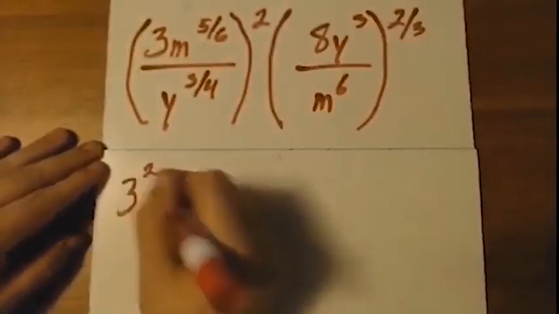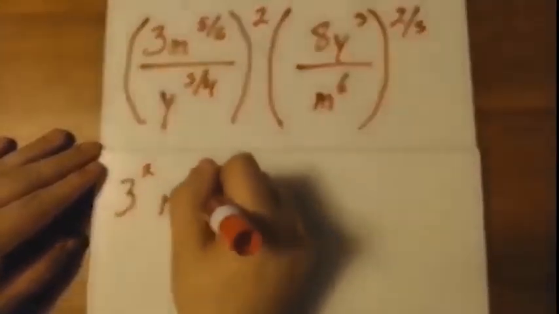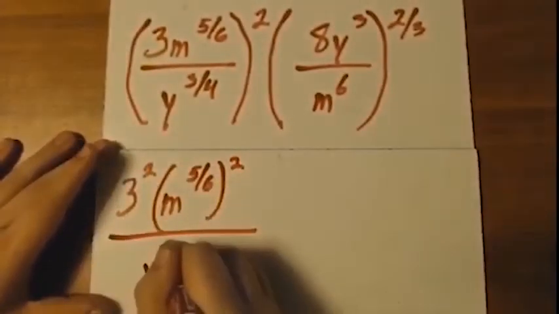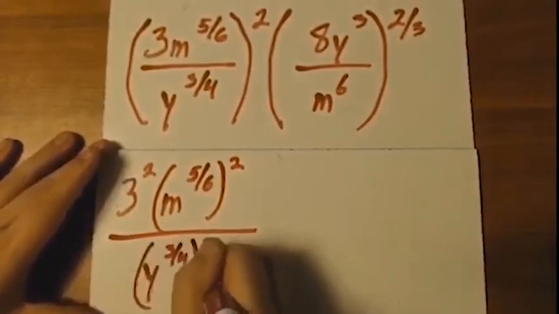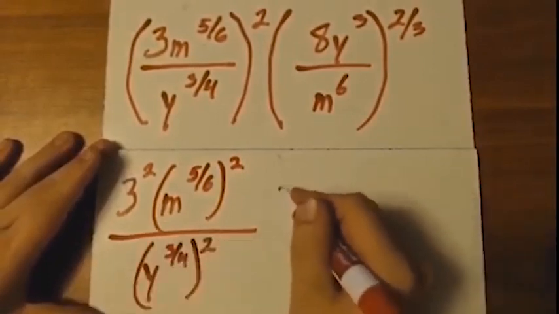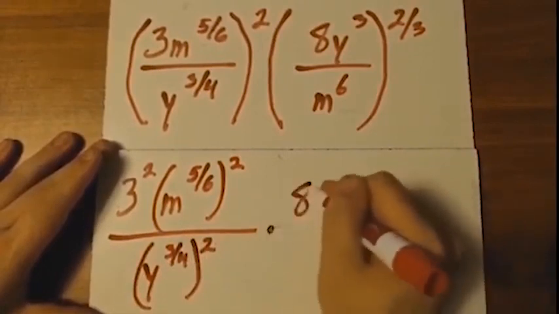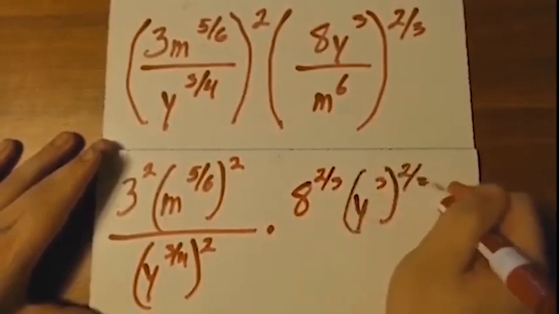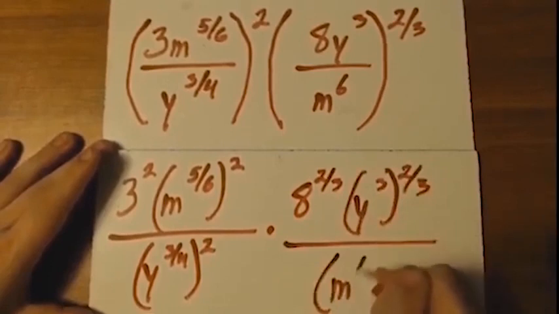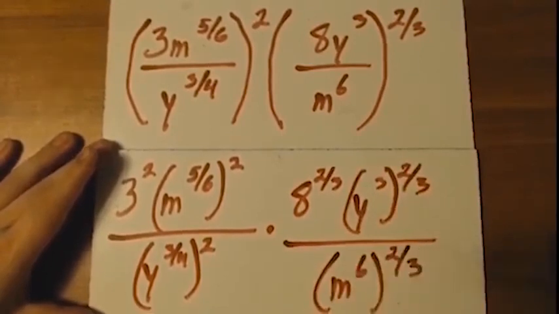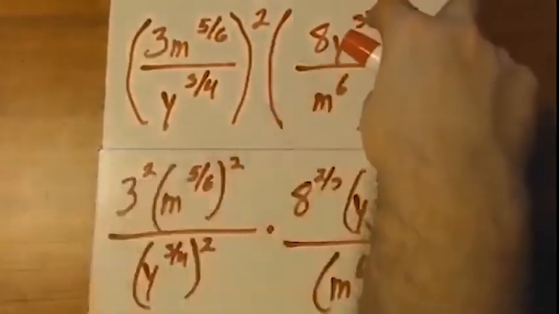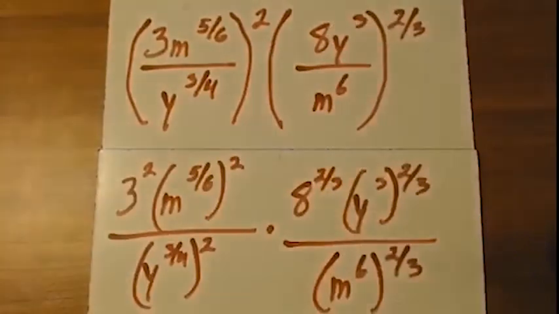So 3 squared, m to the 5/6 squared, y to the 3/4 squared, times 8 to the 2/3, y cubed to the 2/3, m to the 6th to the 2/3. So we squared all the factors of the first, and we gave the 2/3 power to all the factors of the second one.